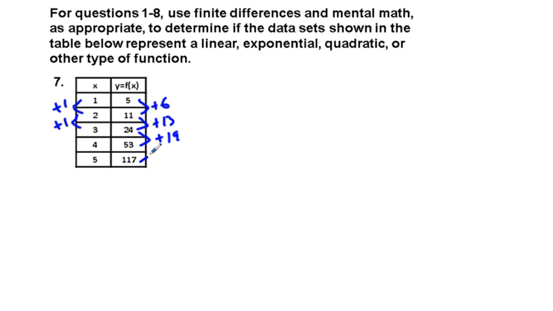And 117 minus 53 is going to be 64. So our first differences are not equal. 13 minus 6 is plus 7. 19 minus 13 is plus 6. 64 minus 19 is 45.